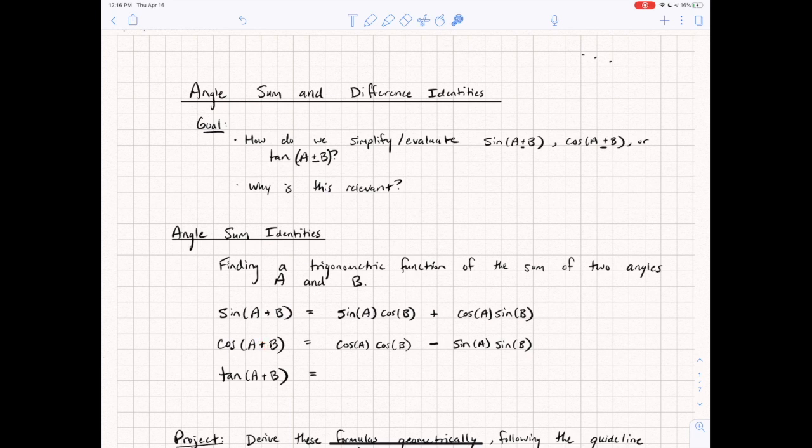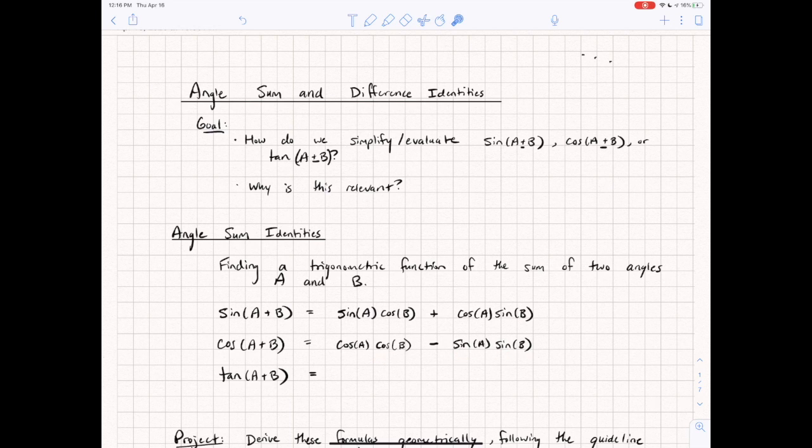For cosine, it changes, so it's like S, same, C, changes. Sine involves using both sine and cosine, and they're mixed up. Versus cosine, it's always cosines together and then sines together on the back end.